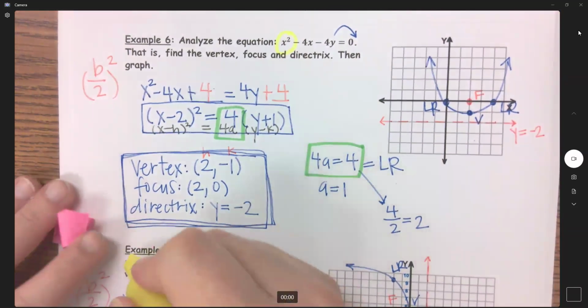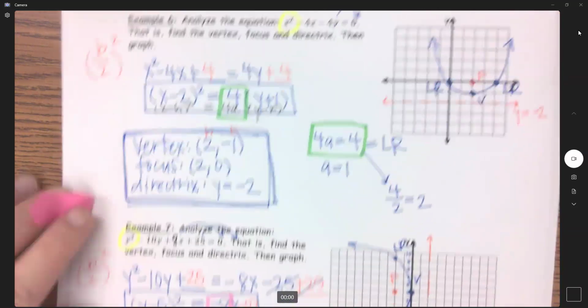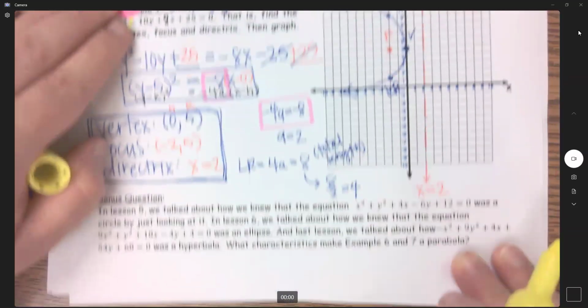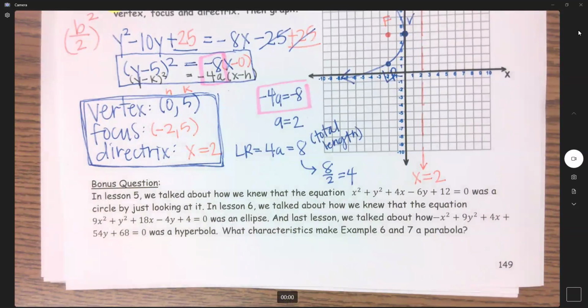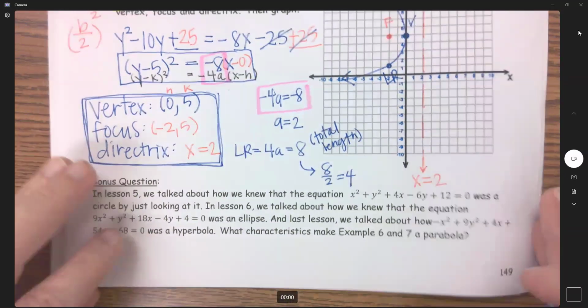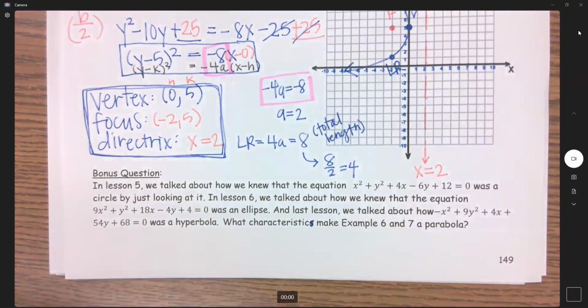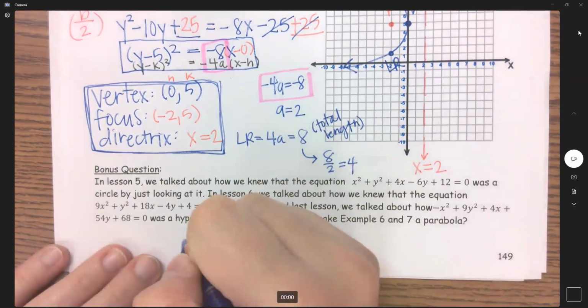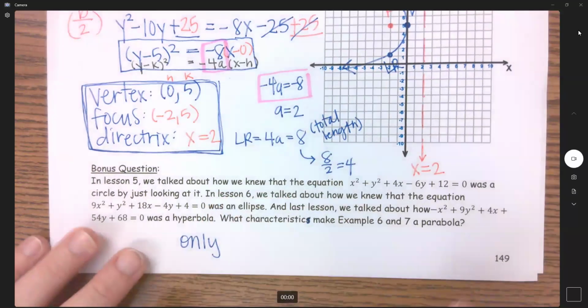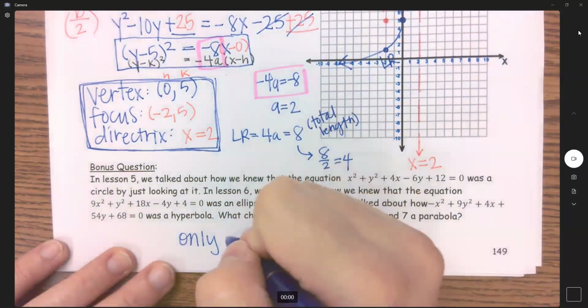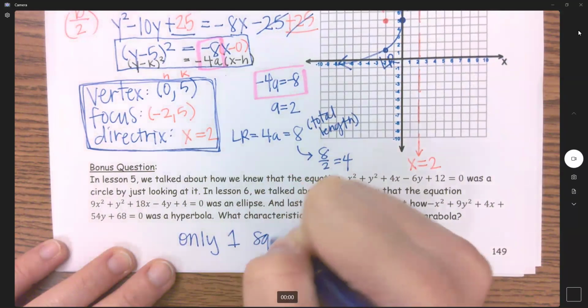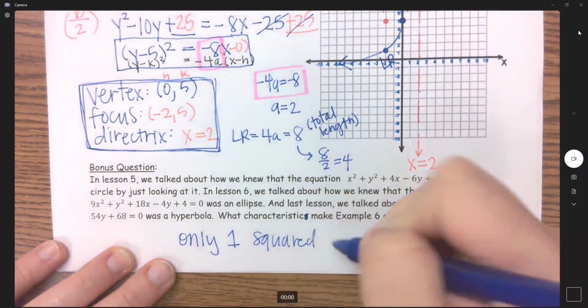This one here has only a y squared. So what characteristic makes 6 and 7 a parabola? These are parabolas, and I can tell by just looking at them because they only have one squared variable.